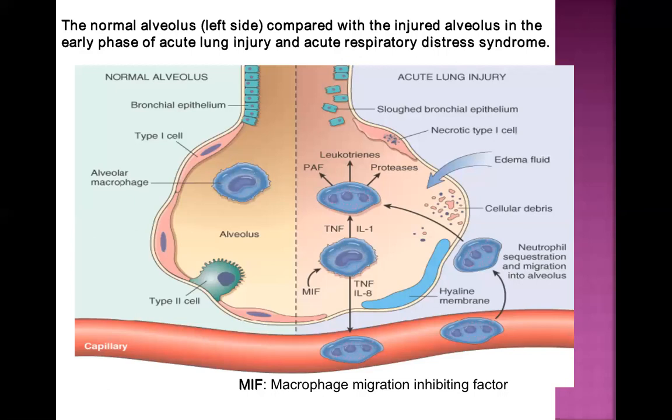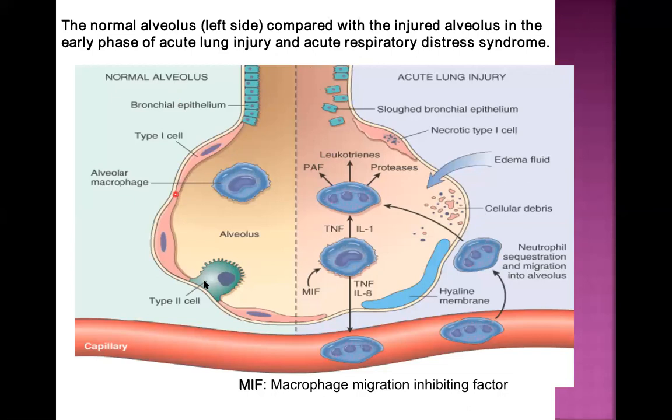Now look at this picture. I'd like to use some spotlight here. Here on this side there is a normal alveolus. See that this is bronchial epithelium. Probably this is respiratory bronchiole. After that, alveolar duct and alveoli will start. So this is the lining of the alveoli. A type 1 pneumocyte, a type 1 alveolar cell.